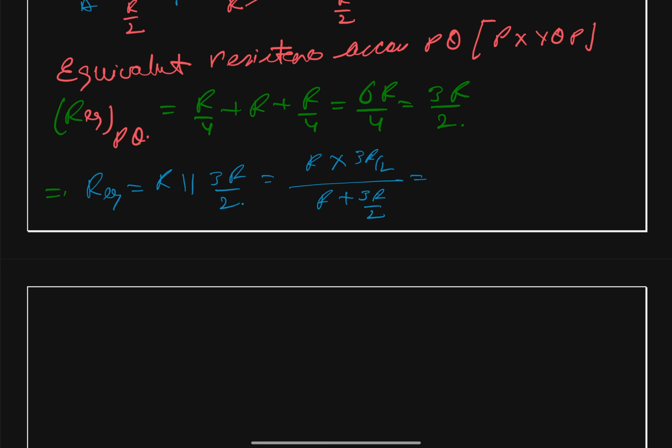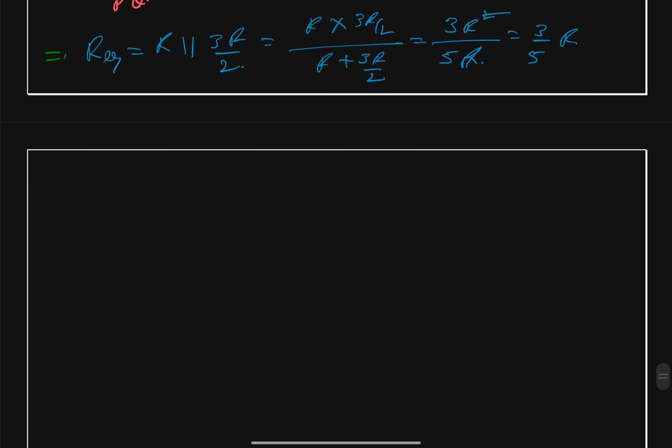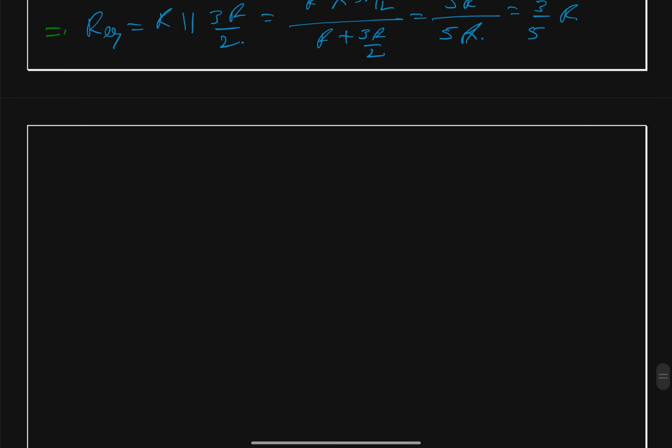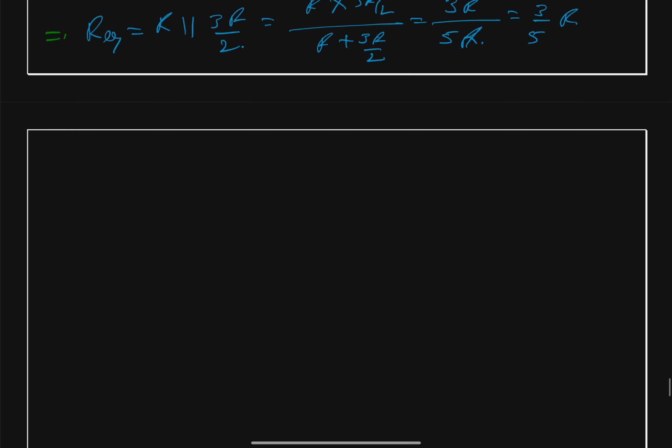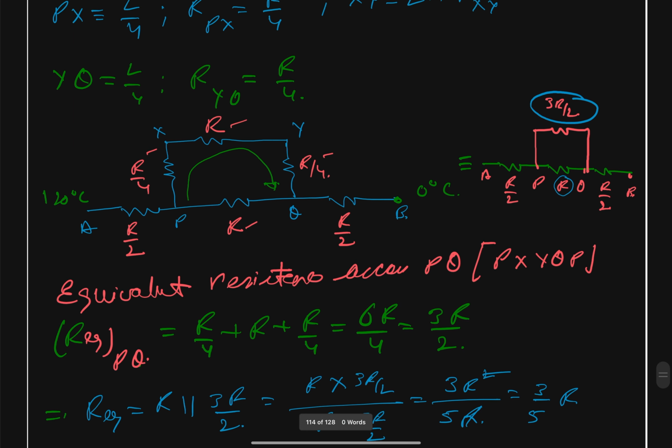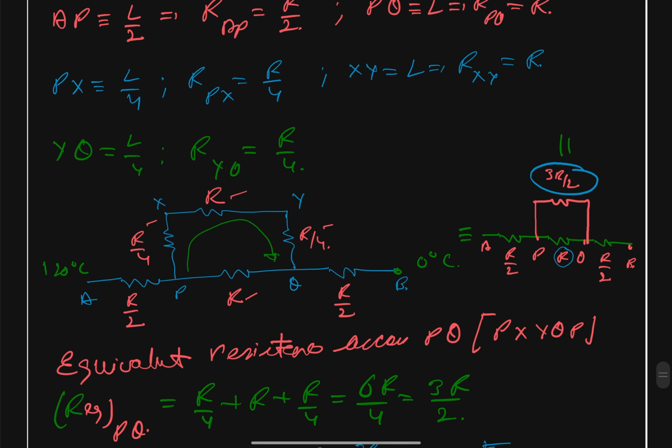The summation is 5R by 2, so we are left with 3R square by 2 upon 5R by 2, and this cancels out, giving 3 by 5 times R. So this is the equivalent resistance. Now let me draw the circuit here. It will come like this.